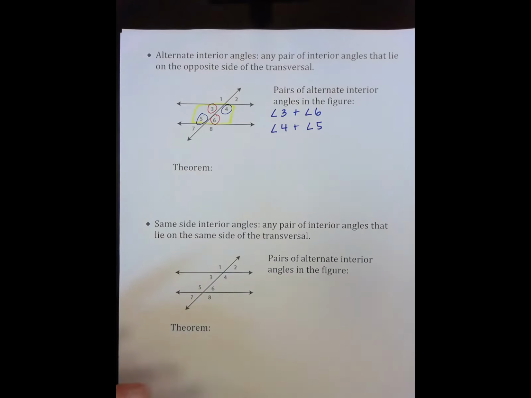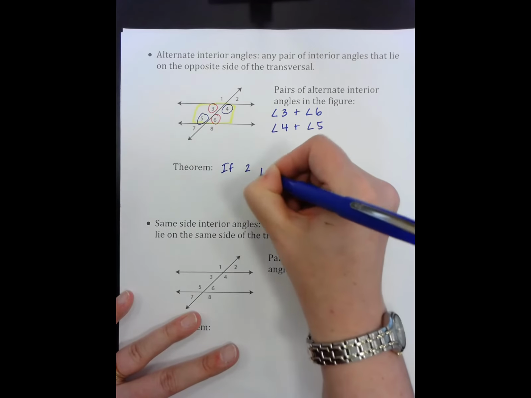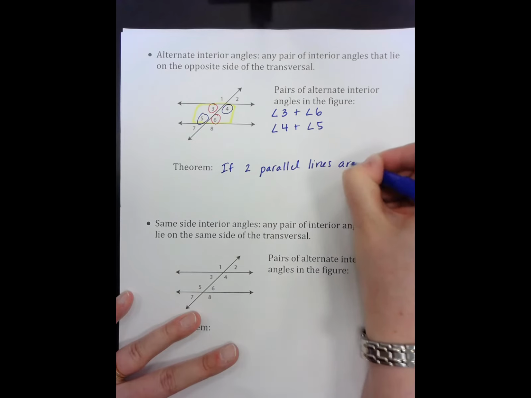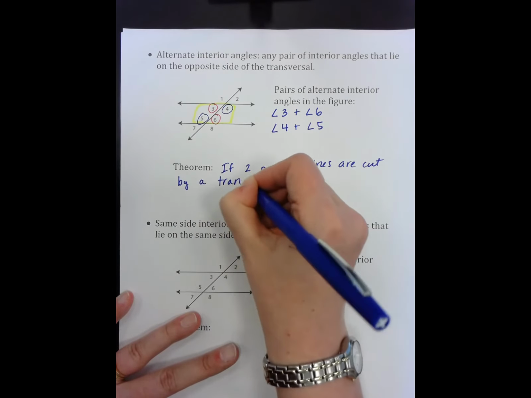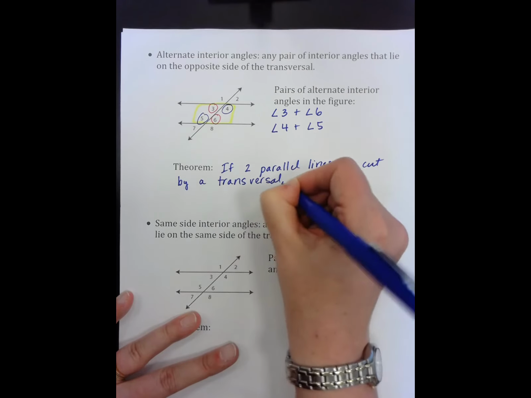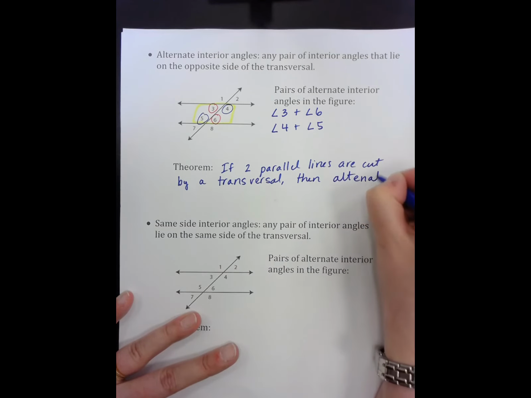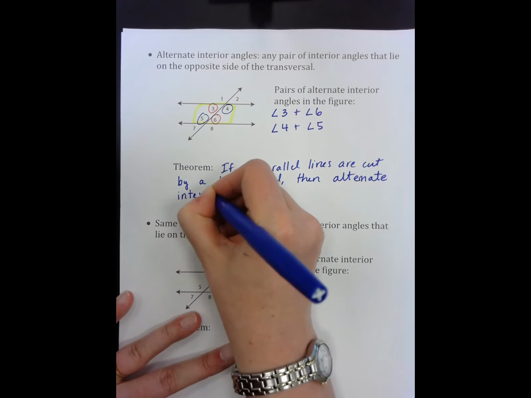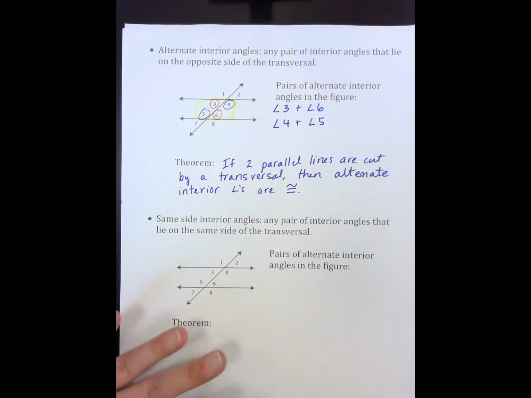Now again, we have a theorem that says if two parallel lines are cut by a transversal, then alternate interior angles are congruent.